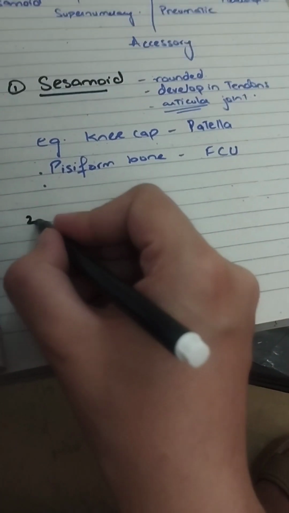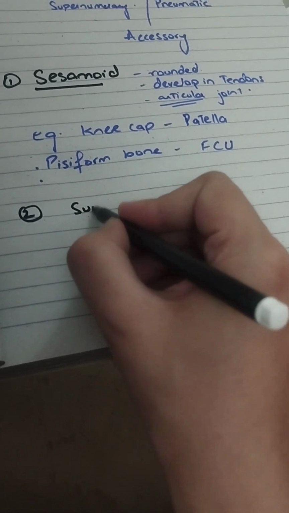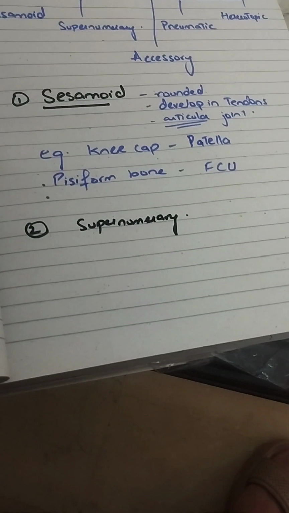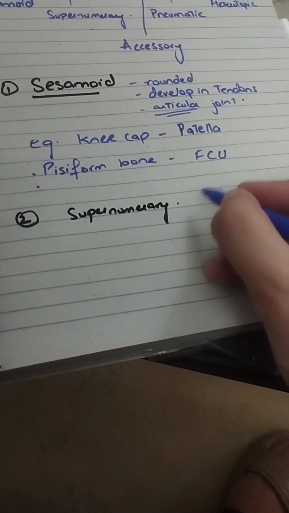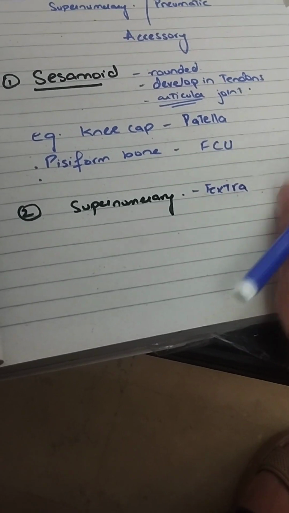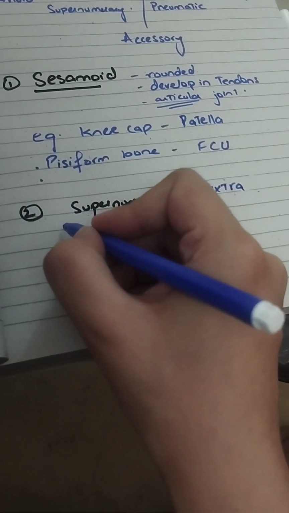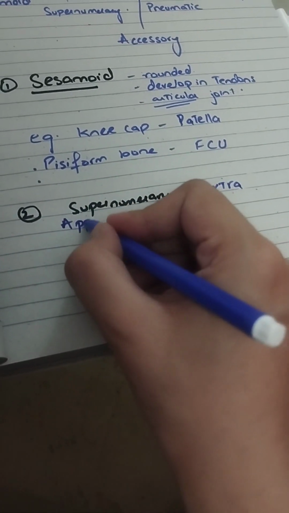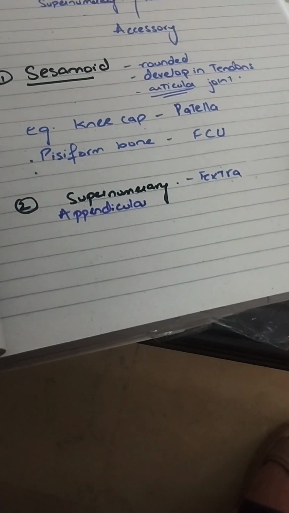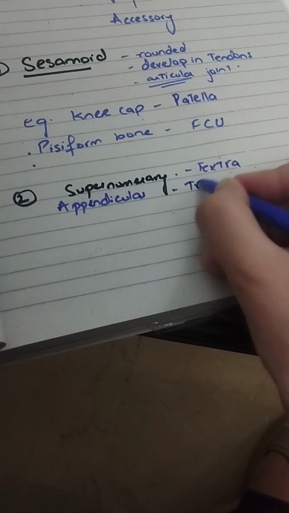Then we will talk about supernumerary or extra bones. As the name indicates, they are extra, that is, they are not normally present. Supernumerary bones usually develop along the appendicular skeleton, that means your appendages, upper and lower limb, due to traction or pressure.